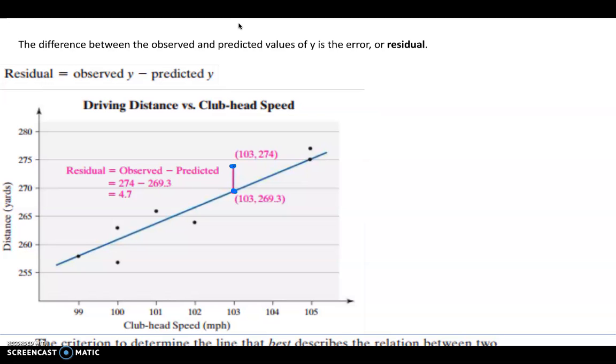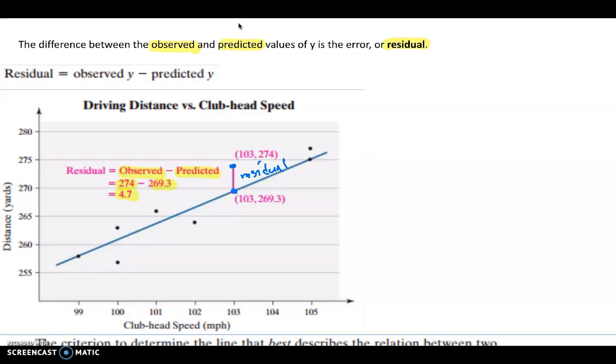So that distance right there is what we call the residual. The difference between the observed and the predicted value is that residual. So when I take observed minus predicted, we observed 274, the actual data point, minus our prediction, that 4.7 is the residual.